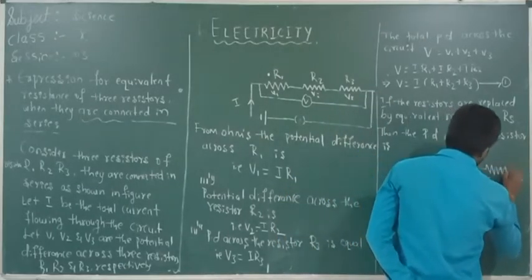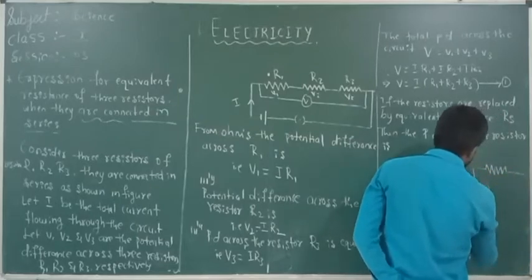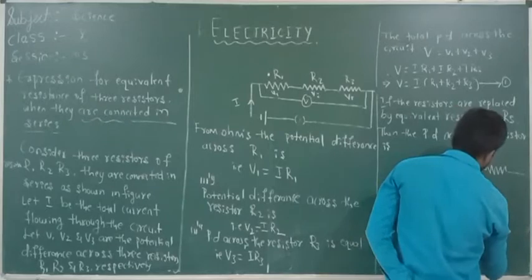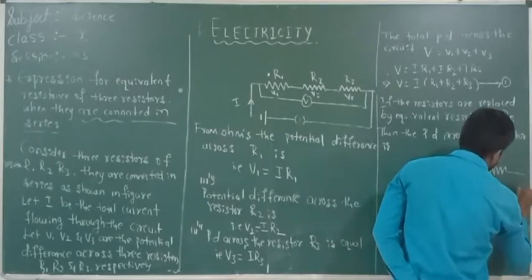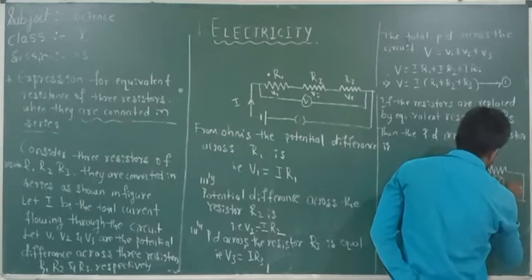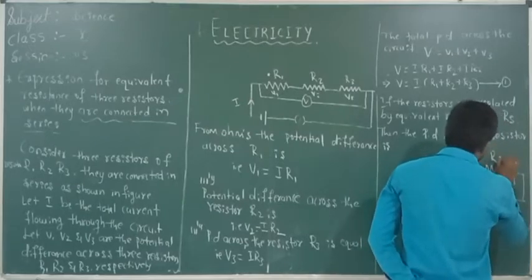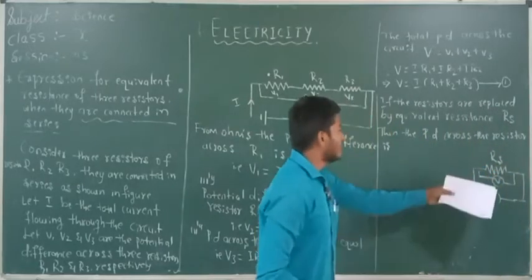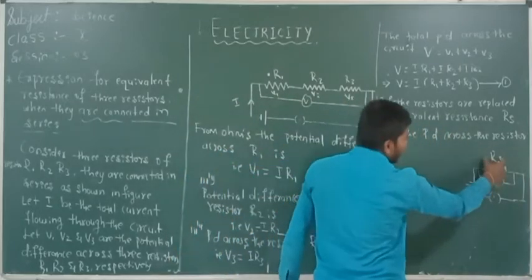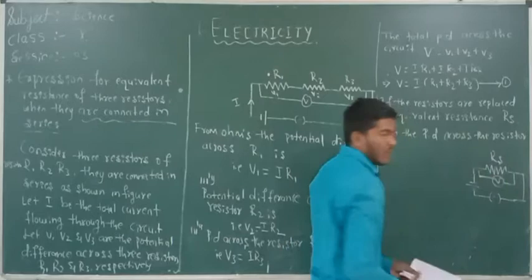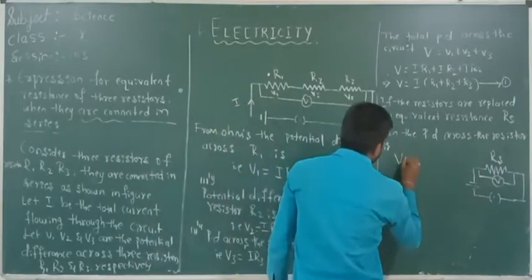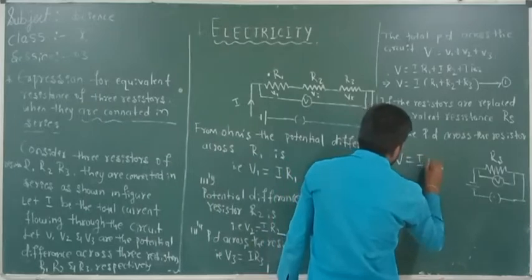This is the equivalent resistance. So if the three resistors are replaced by this equivalent resistance Rs, then the potential difference across the resistor V is equal to IRs.